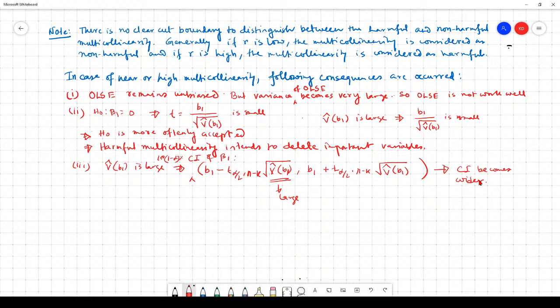And last point, the OLS estimator may be sensitive to small changes in the values of explanatory variables.